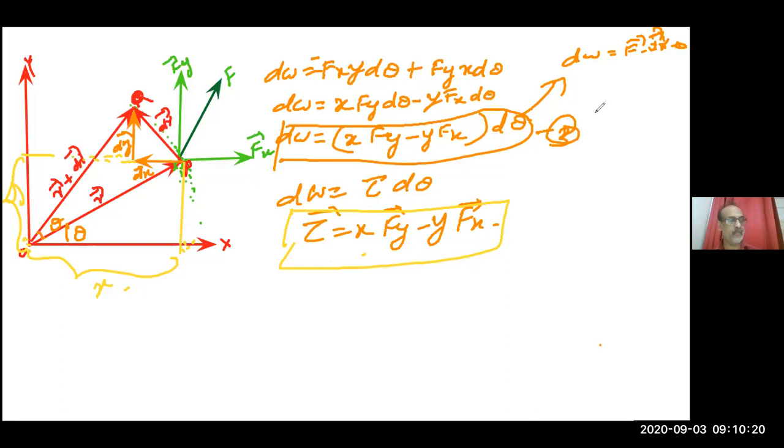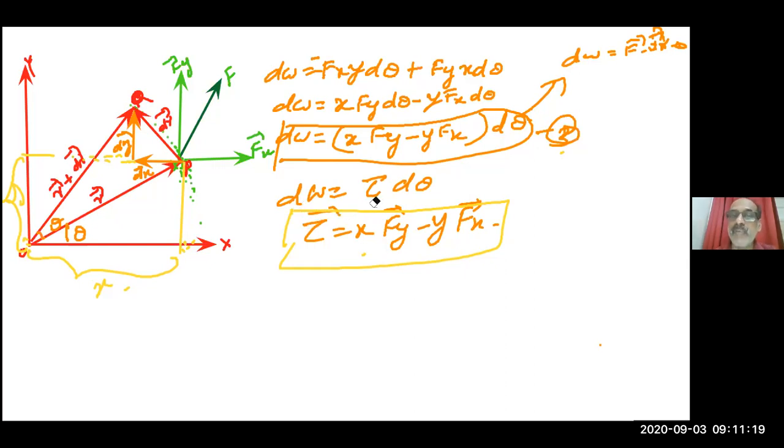From equations 3 and 1, it can be shown that torque is the physical quantity which, when multiplied by the angular displacement d theta, gives work done in rotational motion.